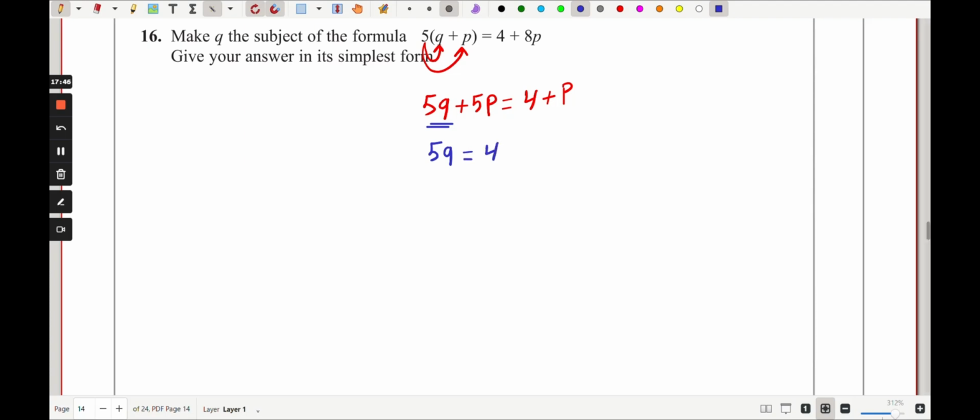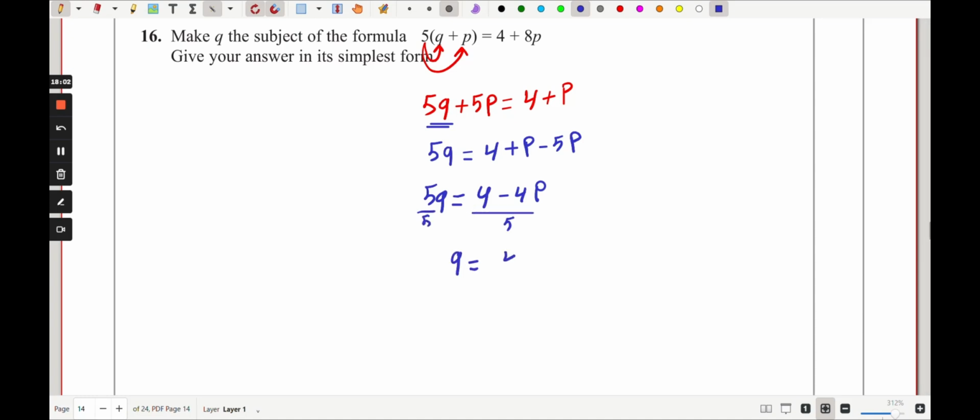We will get 4 plus 8p minus 5p. So 5q equal 4 plus 3p. Divide both sides by 5.